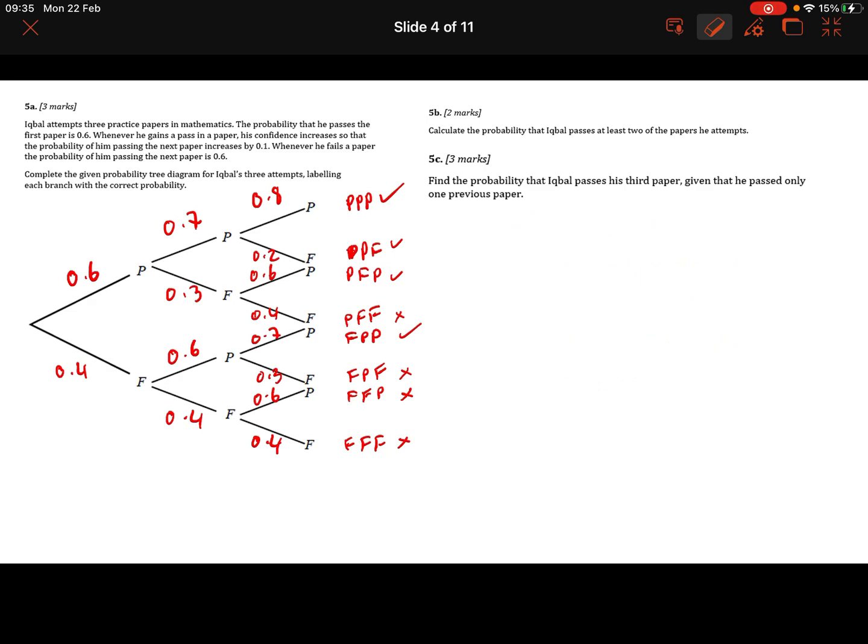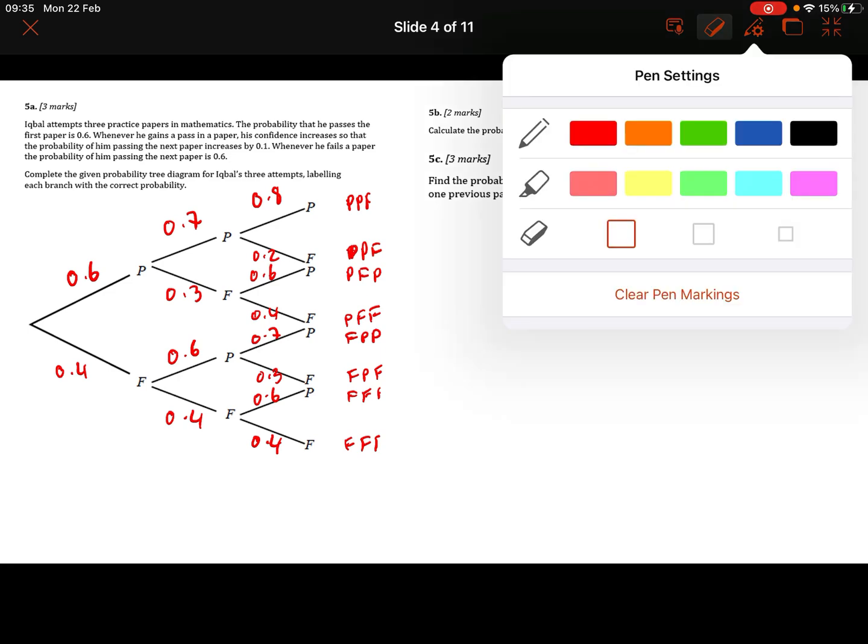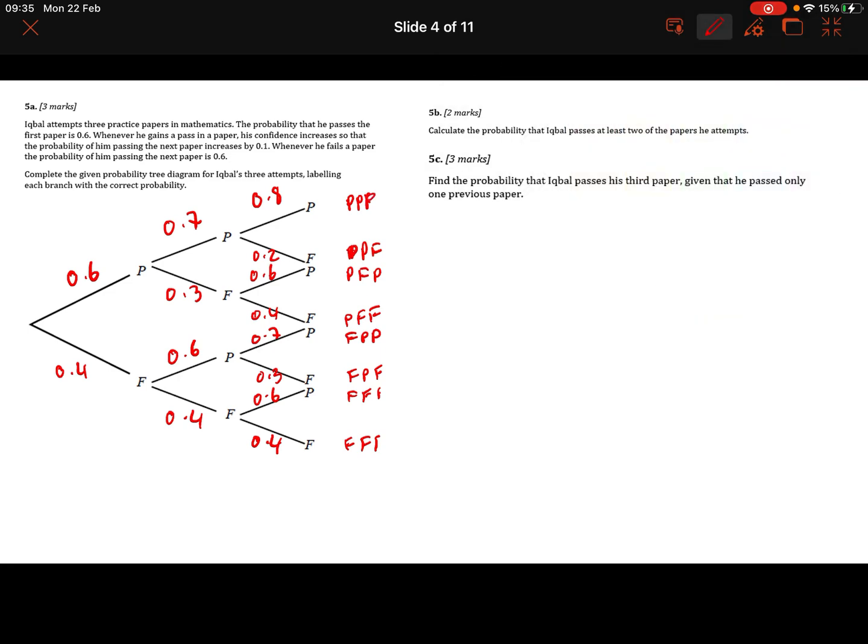Let's have a look at part C. So let's just get rid of these ticks. Okay, pass. Pass, that's a pass. Okay, and that's a fail. So now what we've got to do is find the probability that Iqbal passes his 3rd paper given that he passed only 1 previous paper.